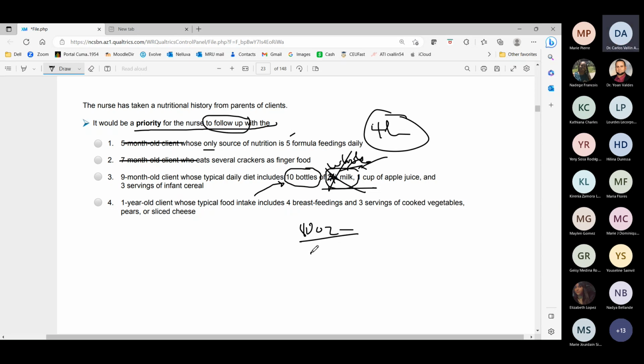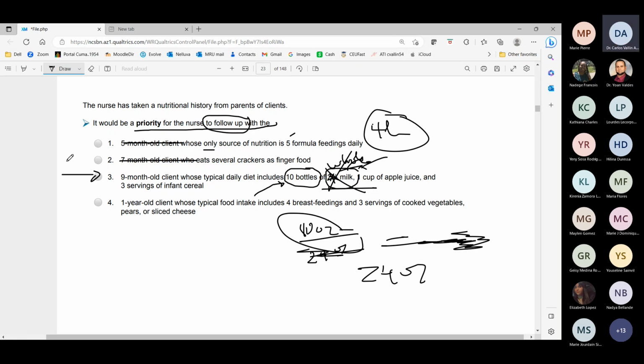They recommend now no more than 24 ounces in toddlers. 80 ounces is too much. So definitively, this is a problem that needs to be followed up.